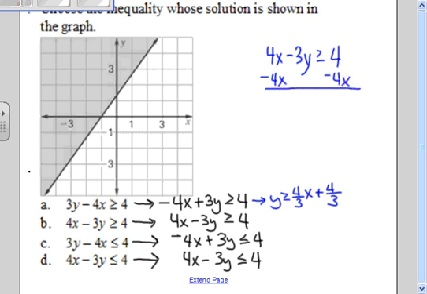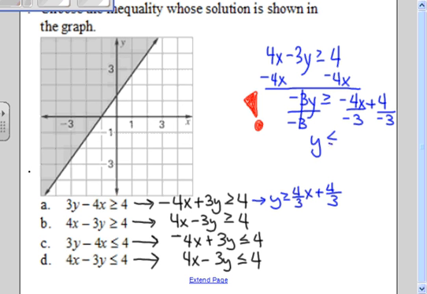Okay, so here we go. Notice, this is the big deal that I'm talking about. Here, it flips the inequality the other way.